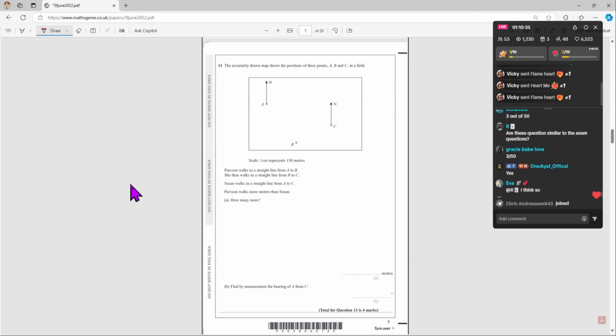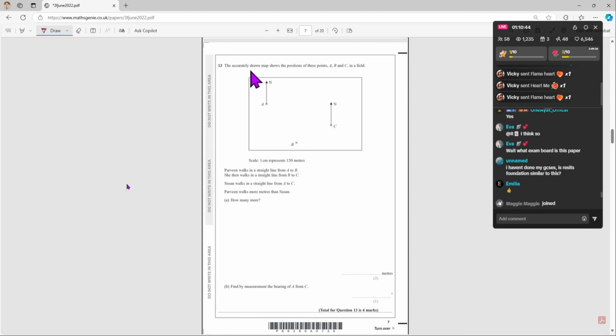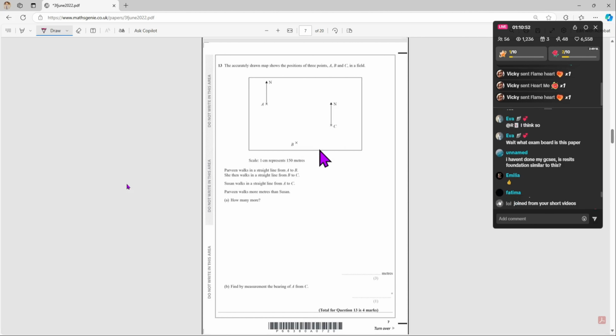Let's move on to question number 13. This is Edexcel. The accurately drawn map shows the positions of 3 points, A, B, and C, in the field.